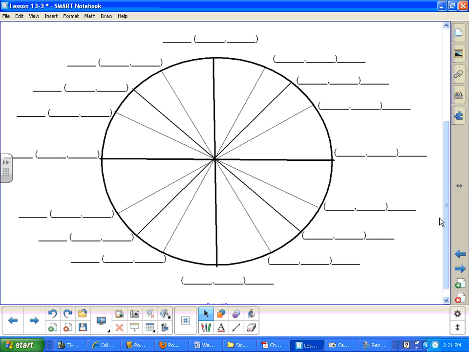So first of all, the easiest one for degrees is 0, right? Now, if I go all the way around the circle in degrees, what is it? 360, okay? So this spot here is the same, 0 degrees, 360 degrees.